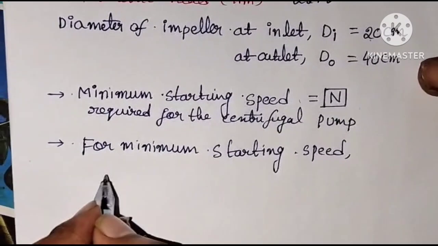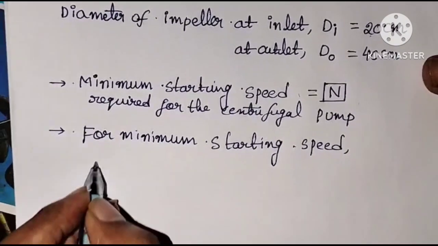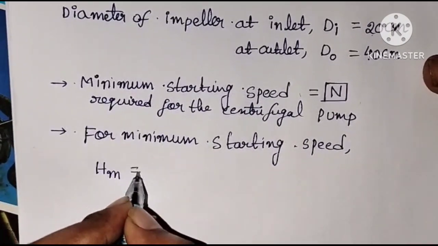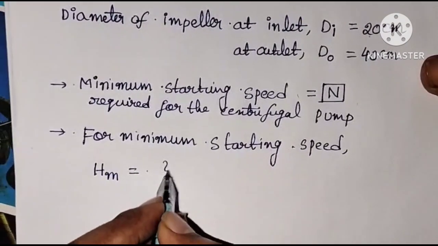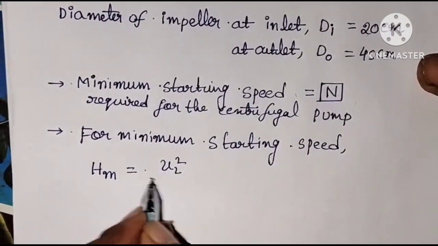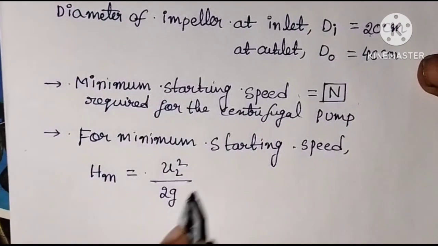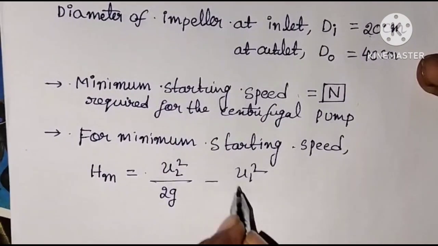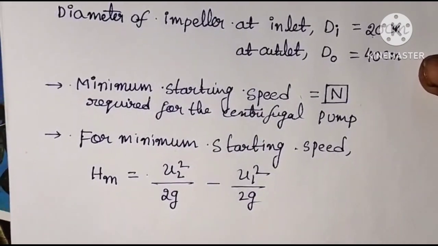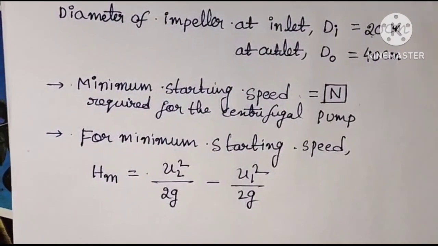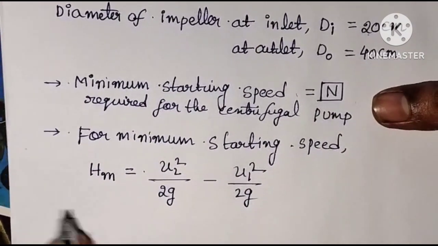What is the condition for manometric head? HM must be equal to U2 square by 2G minus U1 square by 2G.